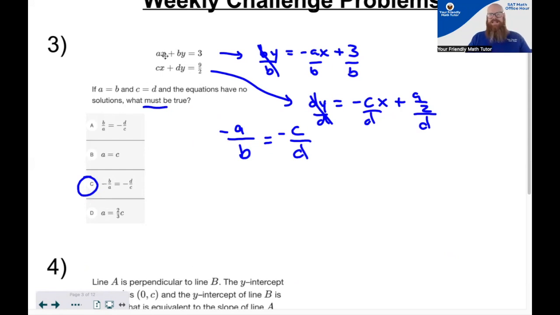It is possible for A to equal C, but it doesn't have to. So the key word is must, right? If A were to equal C and B were to equal D, then we would get a no solution situation, but that doesn't have to be true. What absolutely must be true is the slopes have to equal each other. Okay.